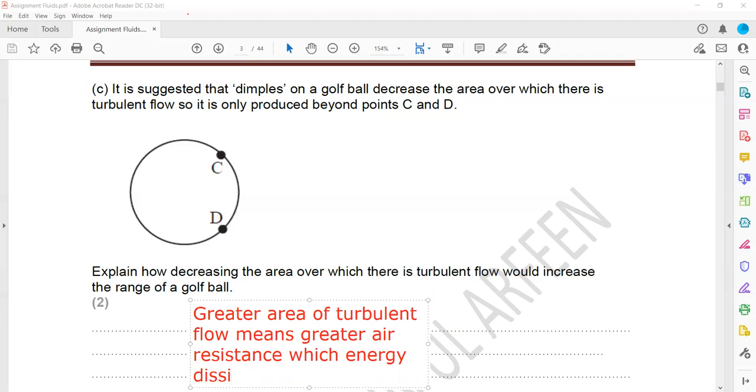So greater energy dissipation is there. That's why the range will also decrease.